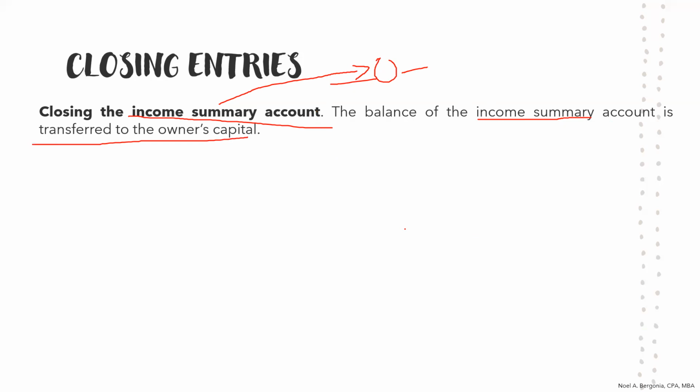This is actually what I mentioned in module 2 about income and expenses being transferred to capital, or affecting the capital. And also in our previous video lecture on the preparation of financial statements, this will explain why the net income, if you remember the video lecture, or net loss, will be part of the statement of changes in equity.